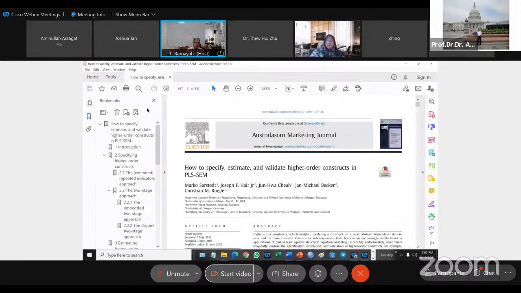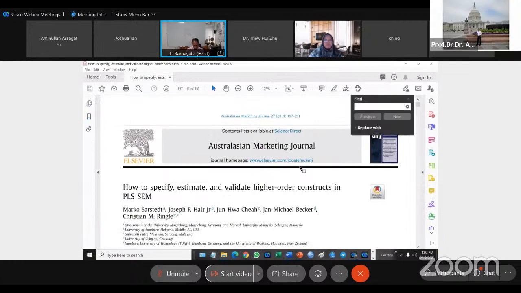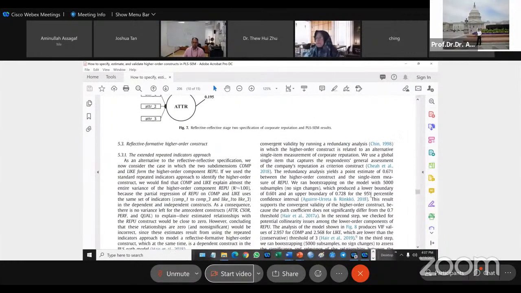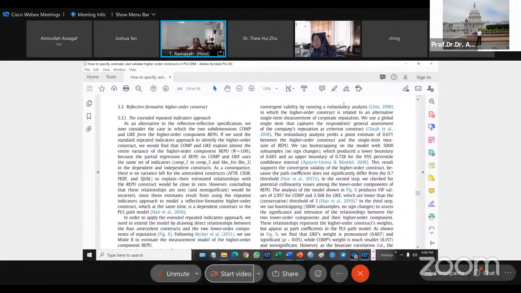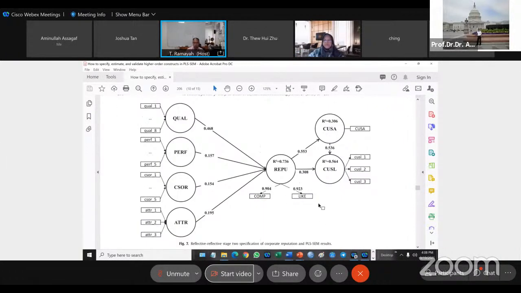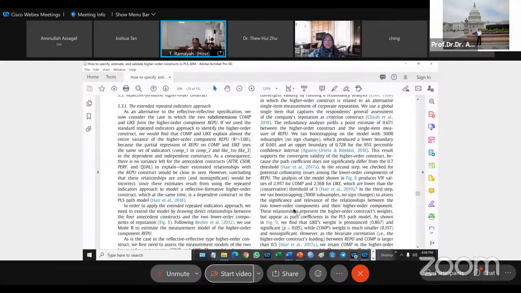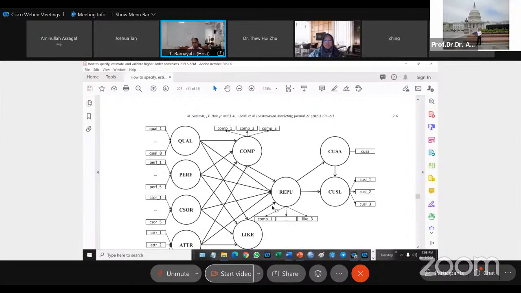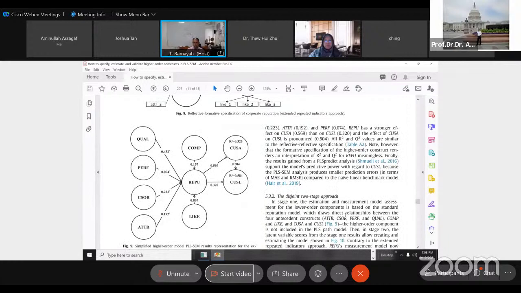You can control F and look for redundancy. You can look at this analysis called redundancy analysis. They have a formative variable, so they suggest to do this. See here, the arrow going in. This is reflective formative, so they suggest to do redundancy analysis. This is also a good paper for you to look at.